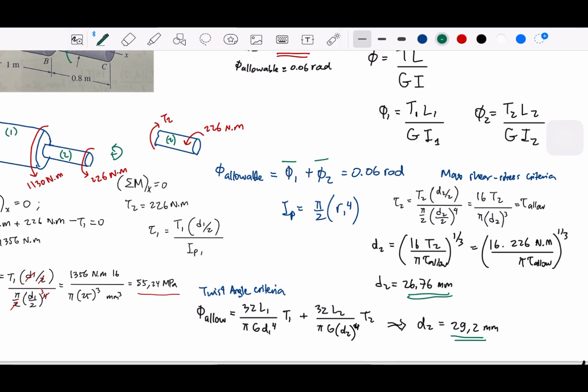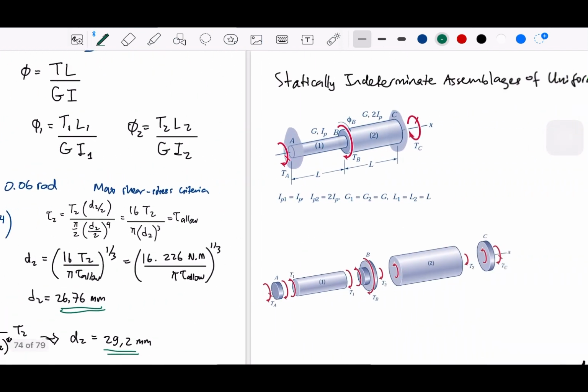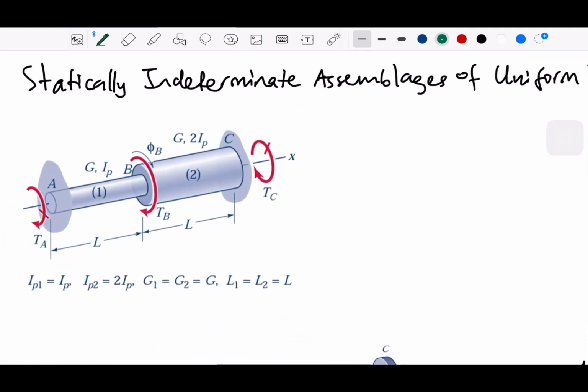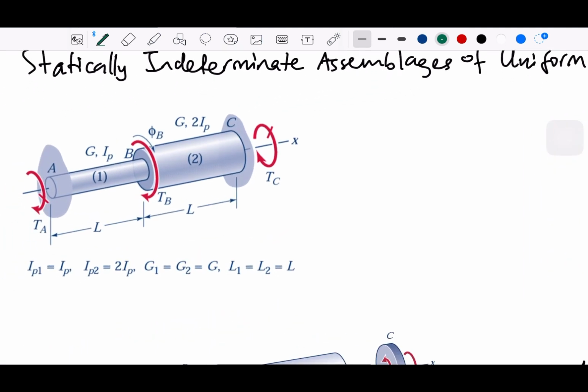Okay. So the next section is the statically indeterminate uniform tension member. So we have this now. Let's say we have this diagram. We have material 1, material 2, similar from the previous page, and we have PA, torque, TB, and TC.